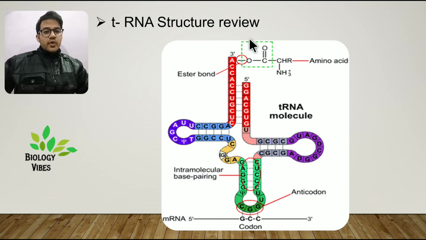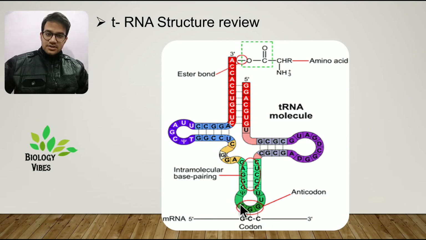So there are 20 types of anticodons corresponding to those specific codons, and then there are 20 types of amino acids. So you see 20 types of tRNA having different anticodons and different amino acids. So this was a little bit of review about tRNA.